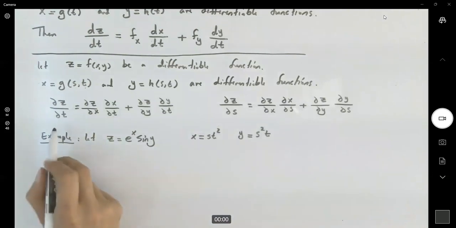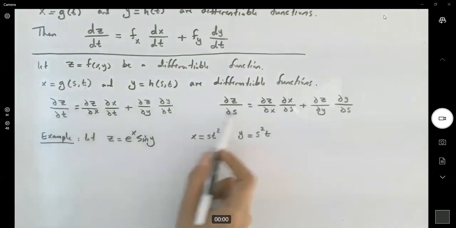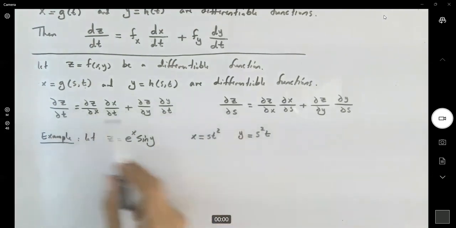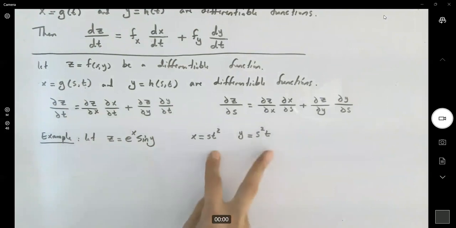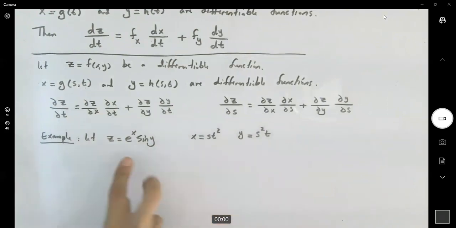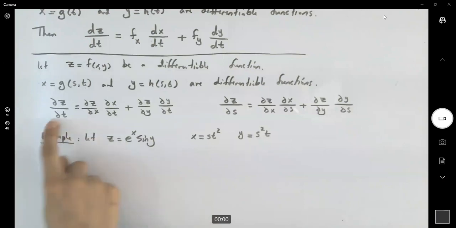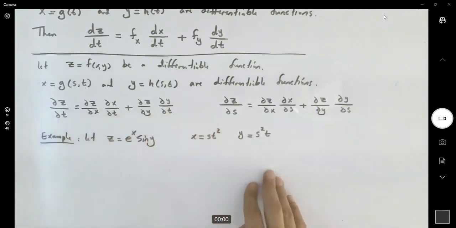You want to know what are the partial derivatives of z with respect to t and s. Okay, again, you have the first option, plug in x and y here for the function. So you get e to power st squared sine of s squared t, and then take the partial derivative with respect to t with respect to s, or just follow the formula.